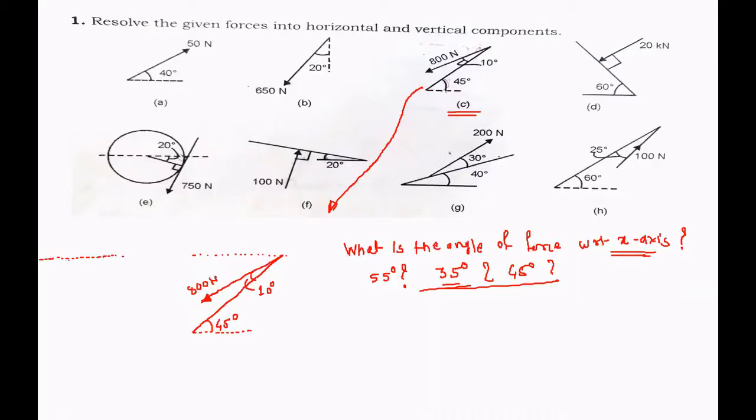So we can consider this is the x-axis. So we will treat this point as the origin. Okay. So this will become the x-axis, that is a negative x-axis. This is the starting point for the force. And this is the y-axis. Okay. Now force is given somewhere here. So this is your force F, that is 800 Newton.